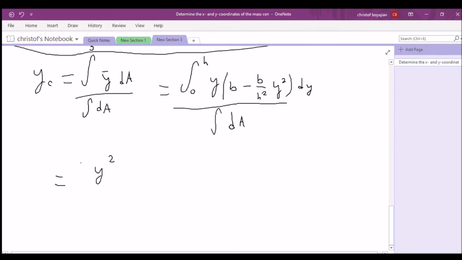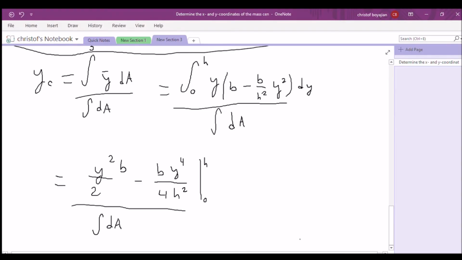So we're going to have y squared over 2 times b minus b y to the 4th over 4 h squared, and all of these we're summing from y equals 0 to y equals h over the integral of our dA.